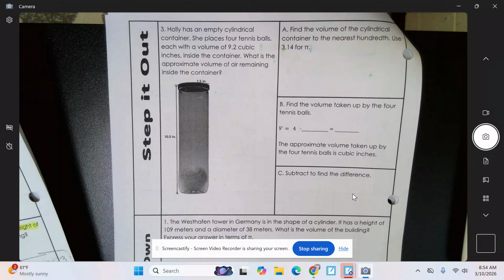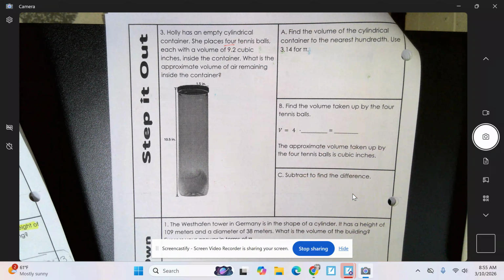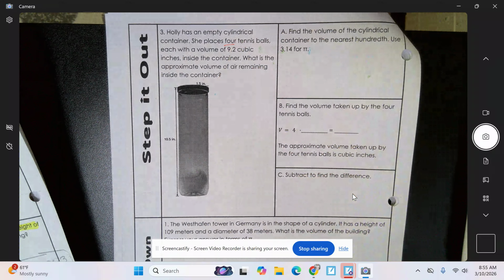No? 3? I don't know. Maybe this is the off-brand. They say we're going to put 4 tennis balls in there. Maybe they're not the professional brand.